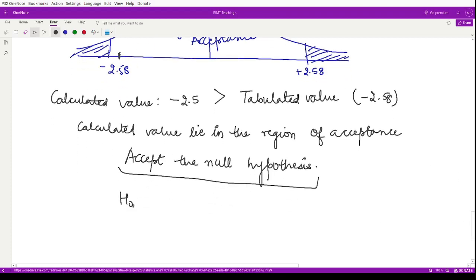That means H naught, which was given by mu equal to 1600 hours, is correct. Therefore we say that the mean lifetime of all the bulbs produced by the company is equal to 1600 hours when we take the level of significance to be 1%.